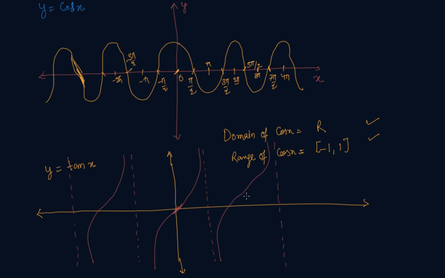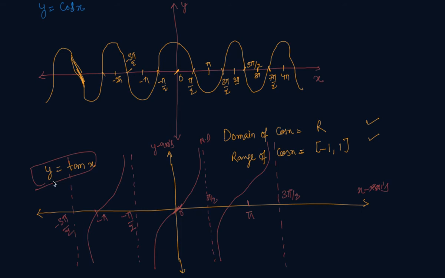At 0 it is 0, at pi by 2 it is not defined. So this is pi, this is 3 pi by 2, this is the x-axis, and this is y. So this function is y equal tan x.